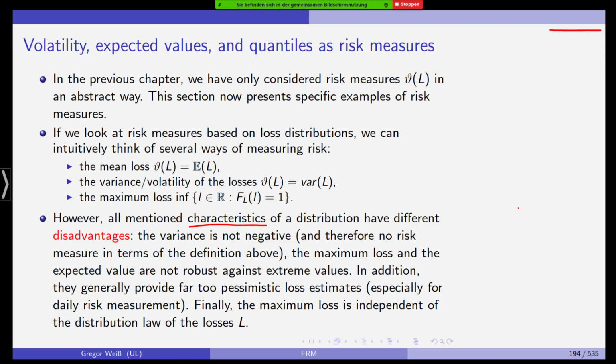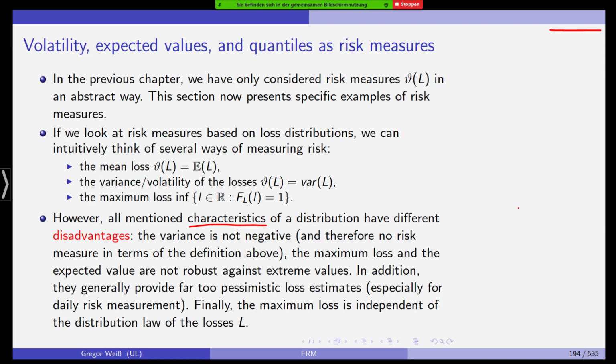It's zero or positive. So even if you have a loss distribution that only gives you profits, which we wouldn't consider economically to be a risk, then still variance and standard deviation would be non-negative. So this is the problem with the variance and standard deviation. It gives the same weight to positive and negative deviations. That's probably not what we are looking for in risk management.